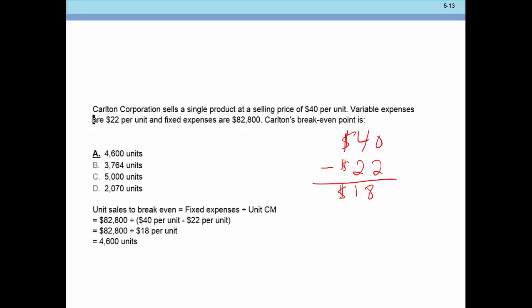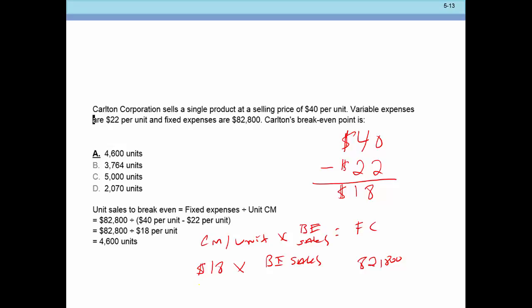We set that up as our contribution margin per unit times my break-even sales that they're asking me for here. And that's going to equal my fixed costs. They tell me that the fixed costs are what? $82,800. I know that my contribution margin per unit is how much? $18. I'm going to set that equal to my break-even sales. I divide each side by what? $18.